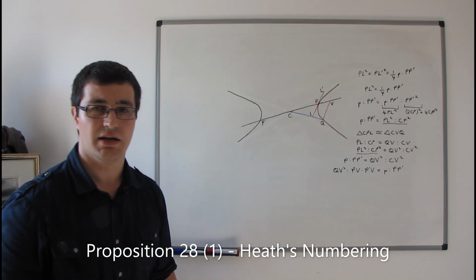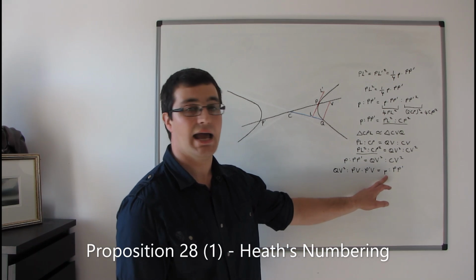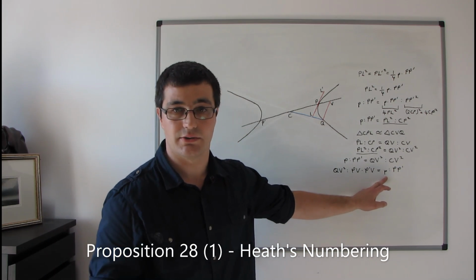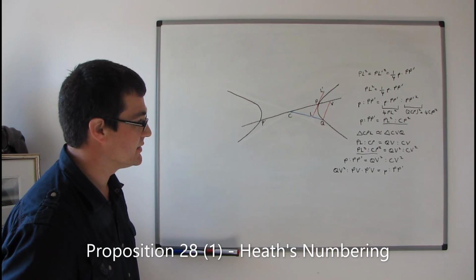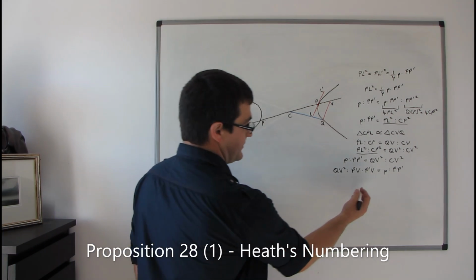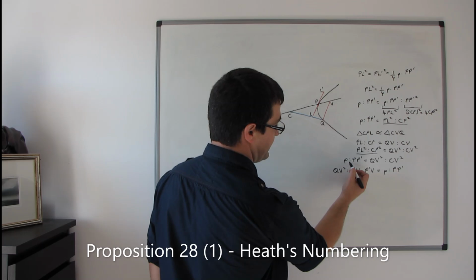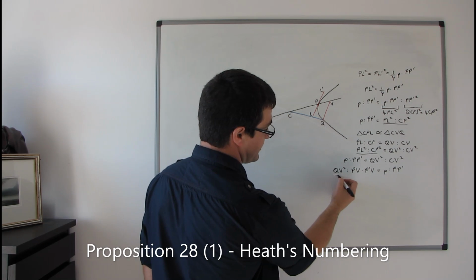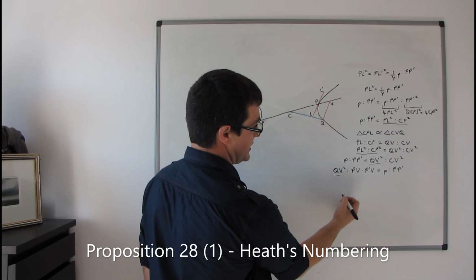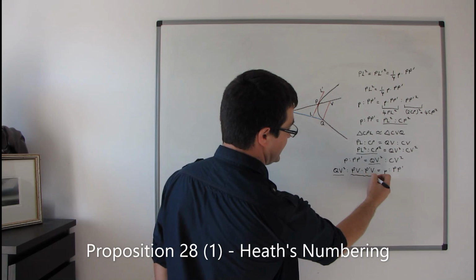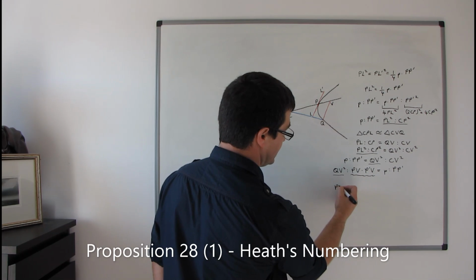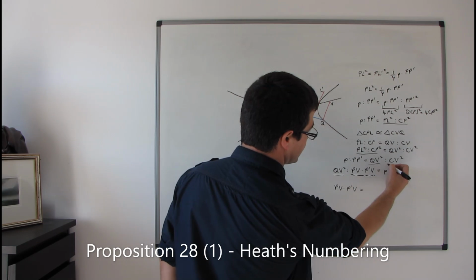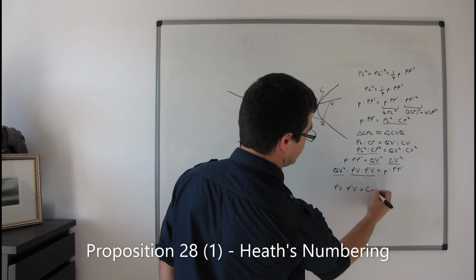In that video I would have used PL instead of the lowercase p, but remember, we're using lowercase l to represent the parameter here. So again, we've got the ratio P to P primed in both of these. We've also got QV squared here. So that means then that this PV times P primed V must be equal to this CV squared.